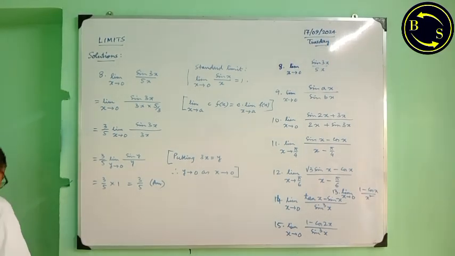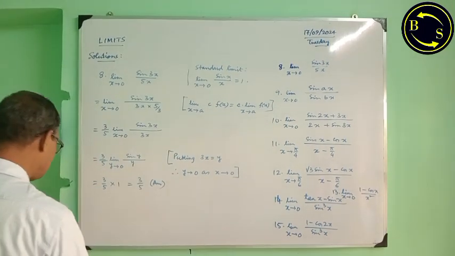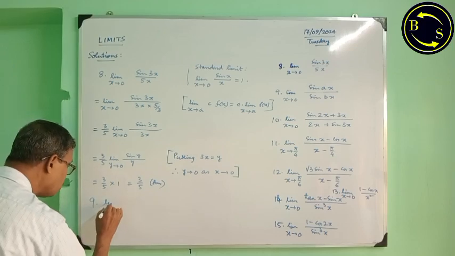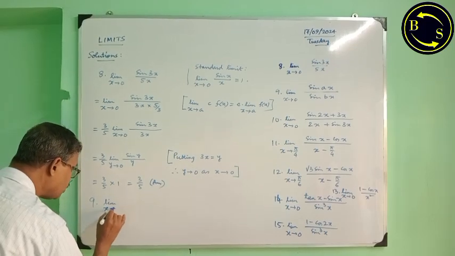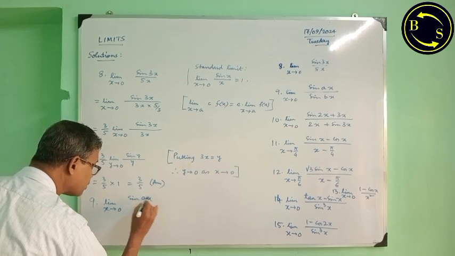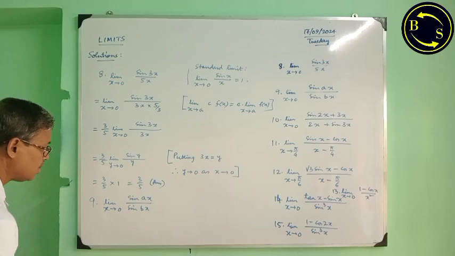Next sum is number 9. Limit x tends to 0, sine ax by sine bx.